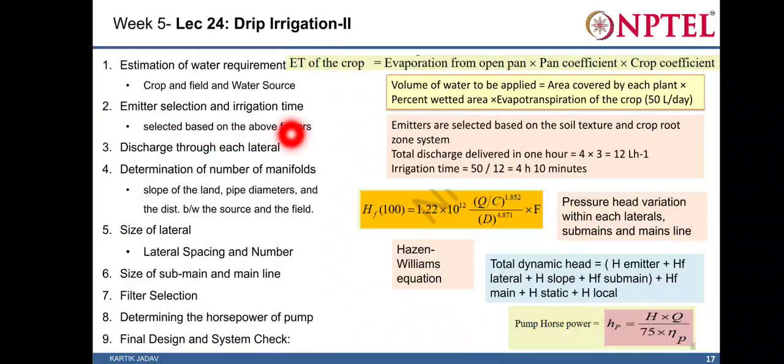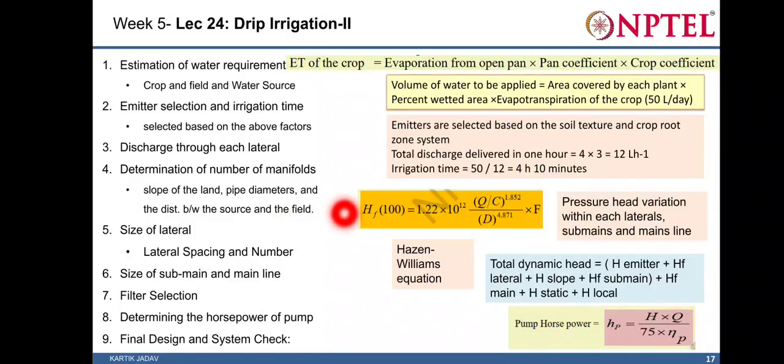It is selected based on factors like the crop water requirement of the specific crop that we are planning to grow in our field. Then the determination of the number of manifolds, size of lateral, size of submain and mainline, filter selection, determining the horsepower of the pump, and final design criteria like adding certain allowance for errors that might occur.